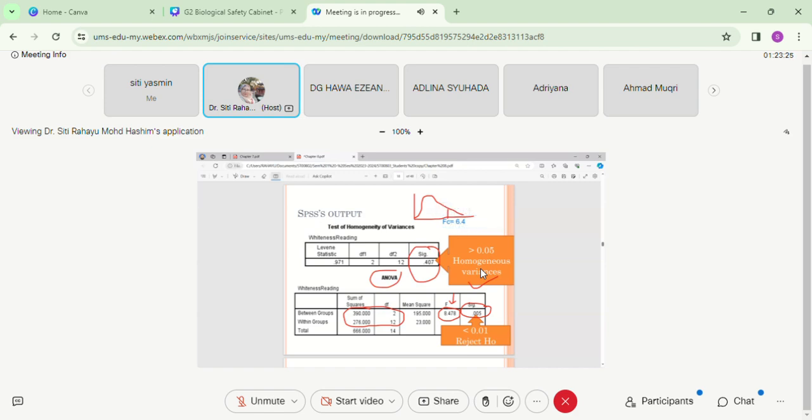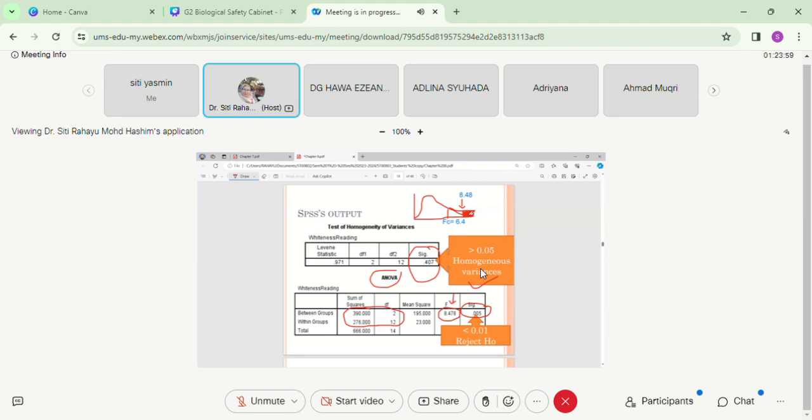And then let's say the F statistic is here. This one is the F statistic, which is 8.48. And then the 0.005 is the shaded area. This is your p-value.